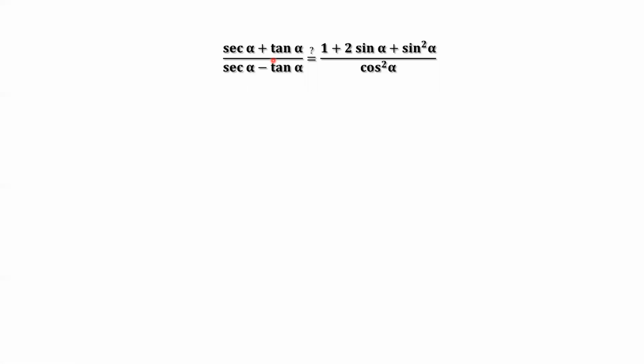For example, we start from the left-hand side to simplify it until somewhere, maybe here, to reach the right-hand side. This means we have done the proof. Similarly, we can start from the right-hand side to simplify until we find the answer which is the same as the left-hand side.